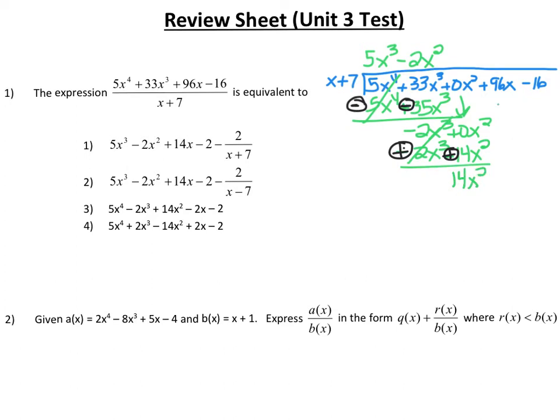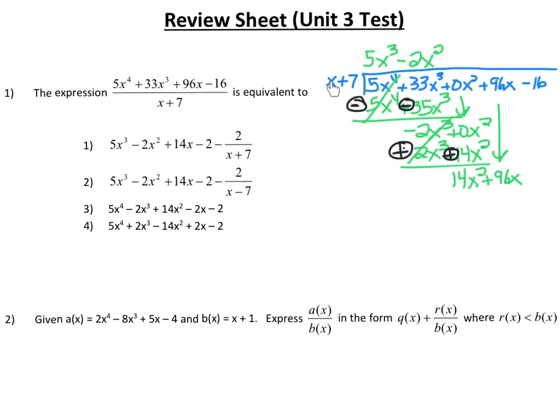Okay, and again, we're going to bring down the next term. Okay, and the reason we bring that down is because if we have two terms out here, we want to have two terms down here. That when we combine our like terms, we'll combine two terms with two terms. All right, so start the process again. What can I multiply this first term by to give me this first term?